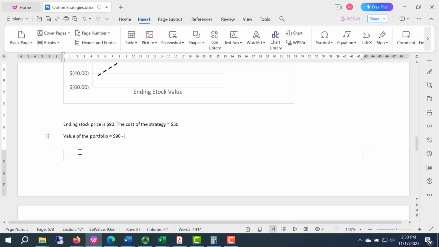Minus the exercise value. So the exercise value of the option, and we're subtracting that out because that is the amount that we would pay to the person who purchased that call option from us. And so that's going to be the maximum of the stock price, $90, minus the exercise price of $70, or 0.